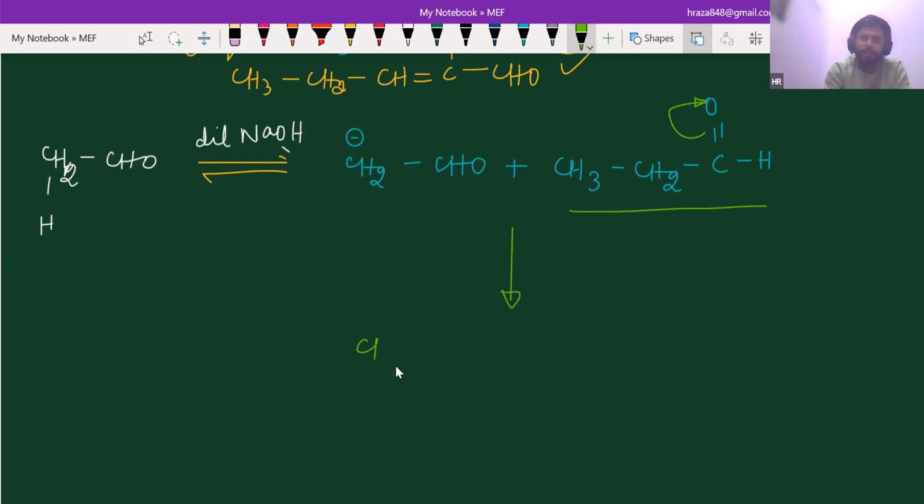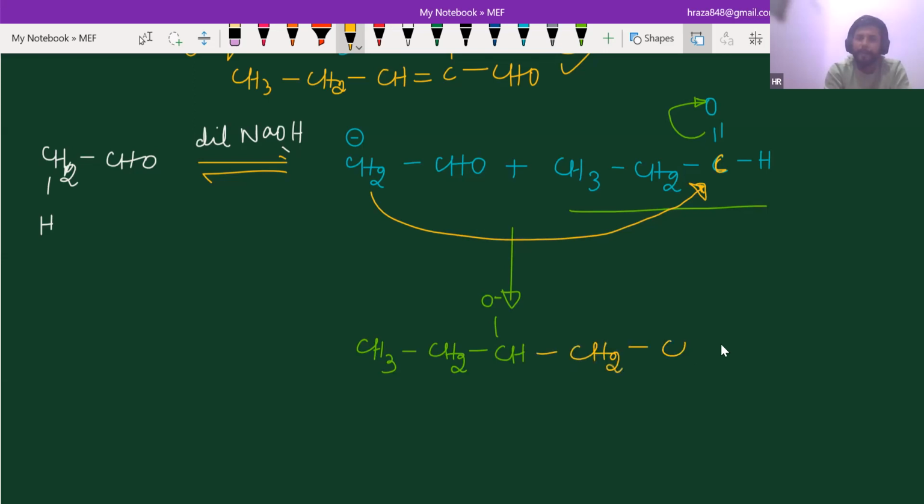So it will be CH3, CH2, and there will be CH, and this is O negative. Since it is the electrophile, this will have a deficiency of electrons, so it will attack on this part. So this will be attacking here, so it will be CH2 and CHO.